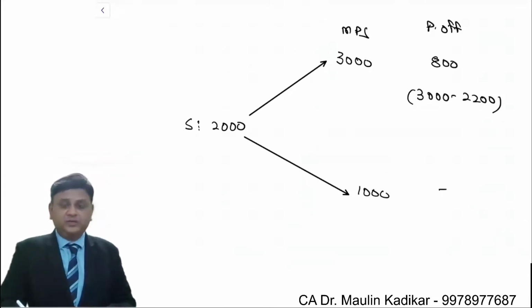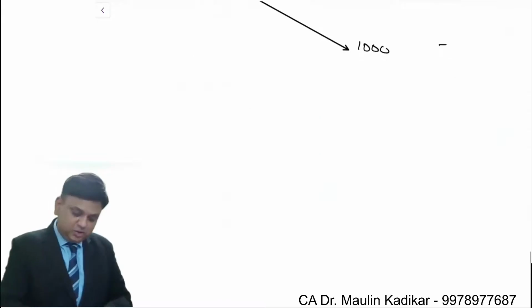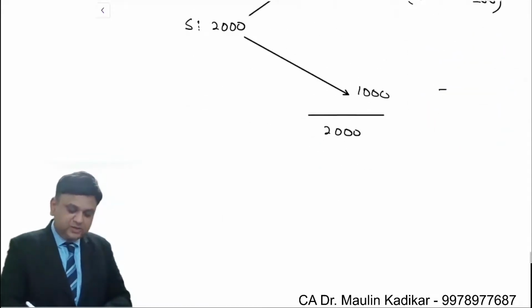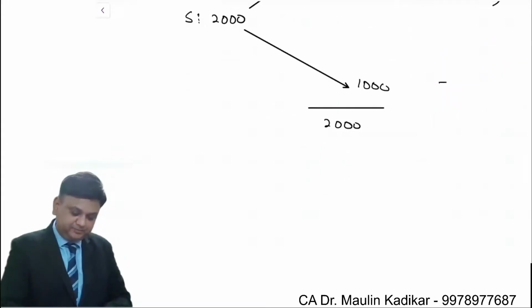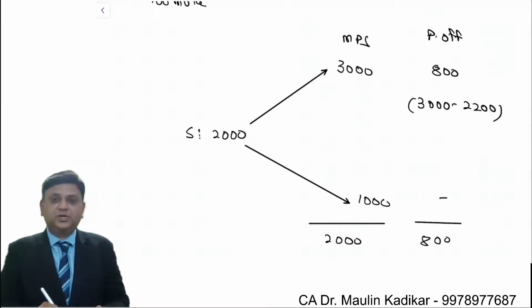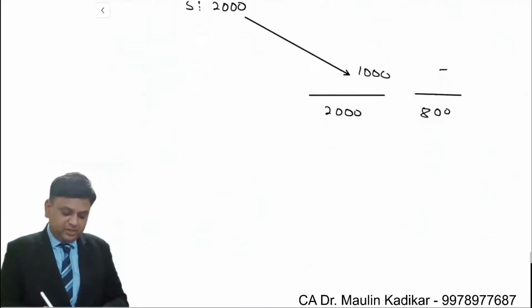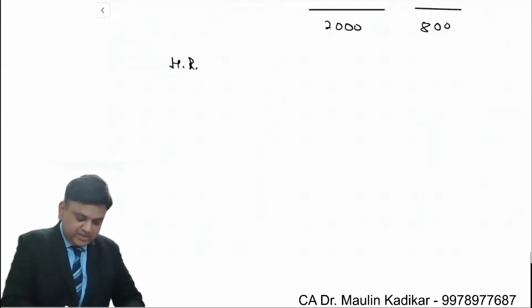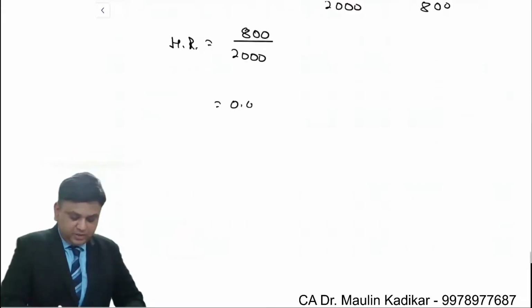Why? Because the option is not worth exercising in the second case. So the difference between payoffs is 800. And the difference between market prices of the share is 2000. Like that, we are required to compute the difference between payoffs and the difference between market prices of the share to compute the hedge ratio. So hedge ratio is calculated as difference between payoffs upon difference between market prices of the share. That comes to 0.4 share.